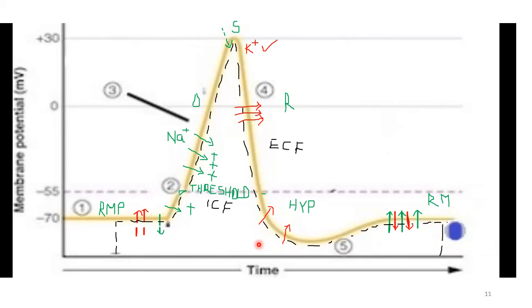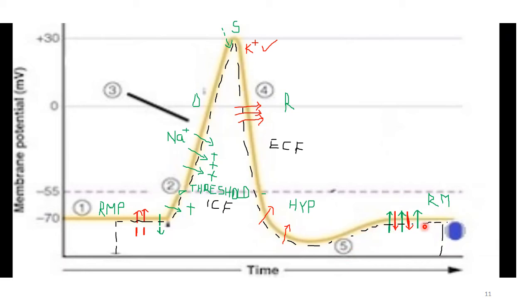Now presume, it is your imagination, that inside the action potential area is the intracellular compartment. It is rich in potassium, proteins and other anions. Here is the extracellular fluid, and it is rich in sodium, chloride and calcium. So we will take it one by one. Resting membrane potential, phase 5.